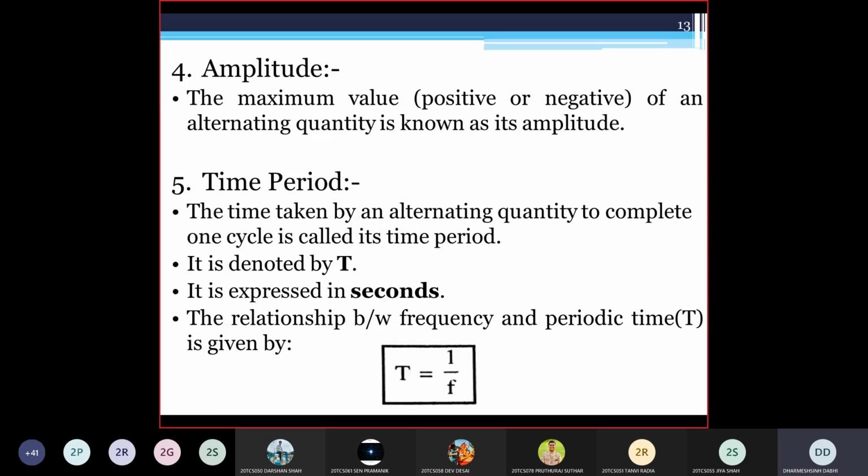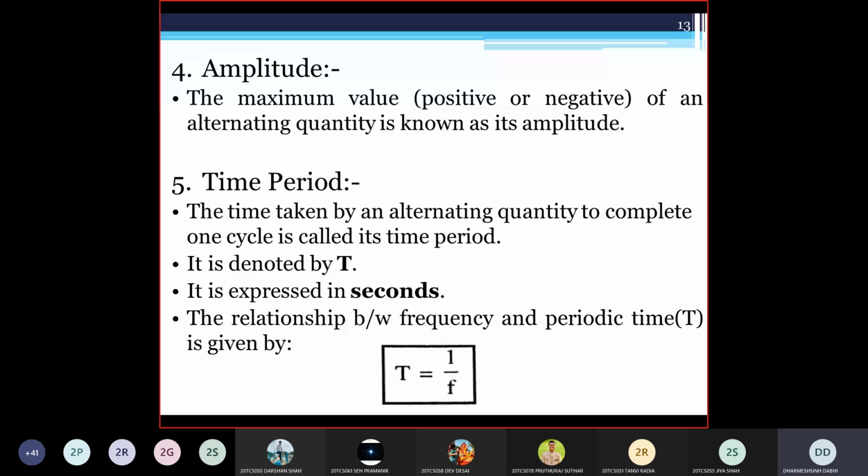F is 1 by the time period, so 1 by 20 millisecond. What is 1 by 20 millisecond? Calculate.